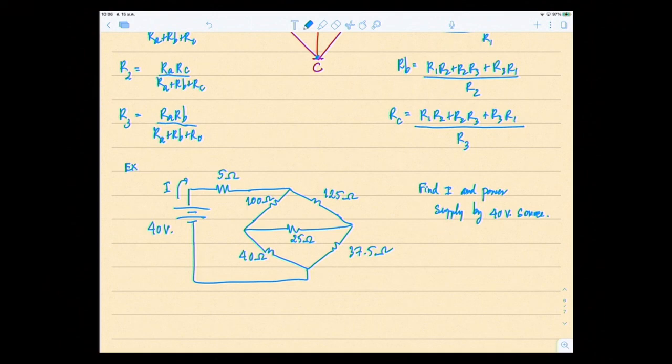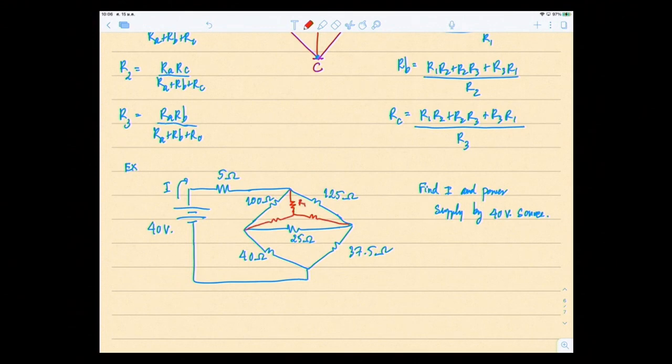So if we are doing this transformation, the problem must be such that I have to use it, right? You can see that there are two deltas, sort of like two deltas sharing the 25 ohms. Okay, so I'm going to transform, let's just choose one of the deltas, and transform this into the Y connection.